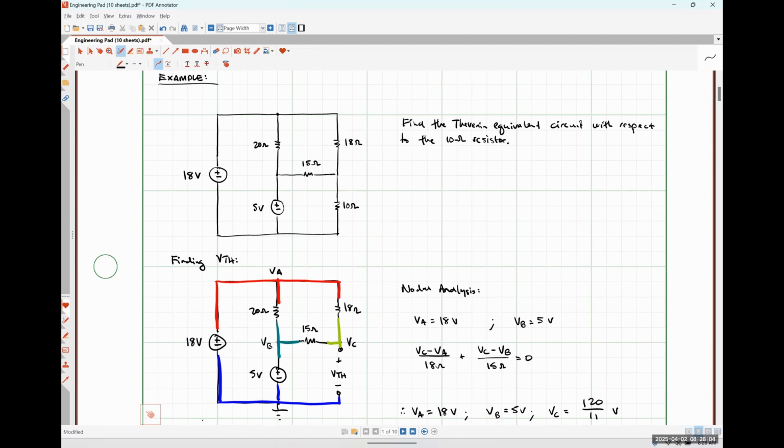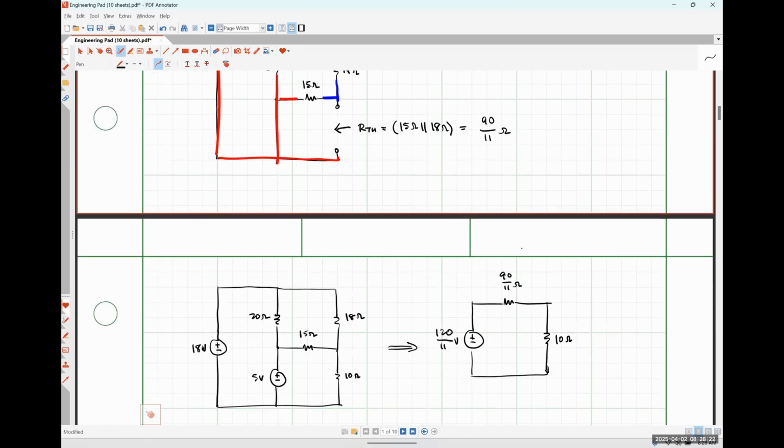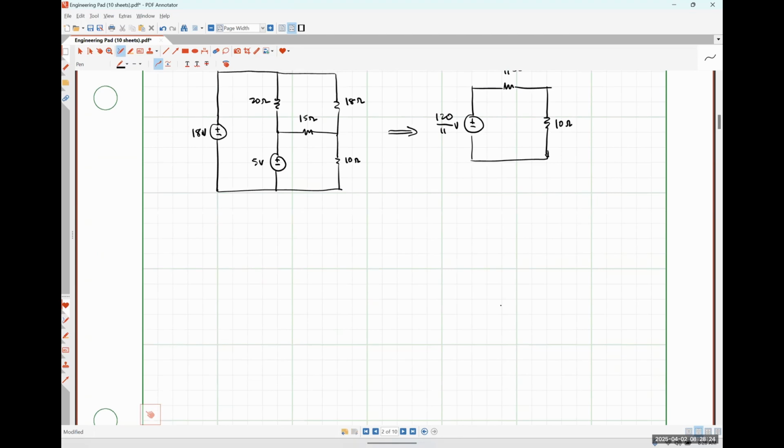So if you're finding the Thevenin equivalent circuit with respect to a set of terminals, you already have the open circuit set of terminals to find the voltage across and to find the resistance looking into, so there's no need to do anything else. Okay. So now let's look at our Norton equivalent circuit real quick, or Norton's theorem. Okay.